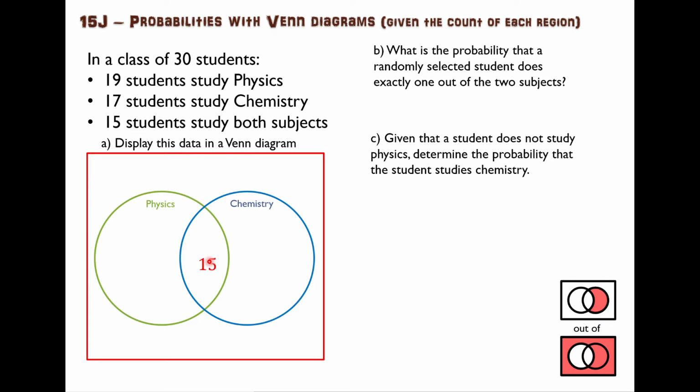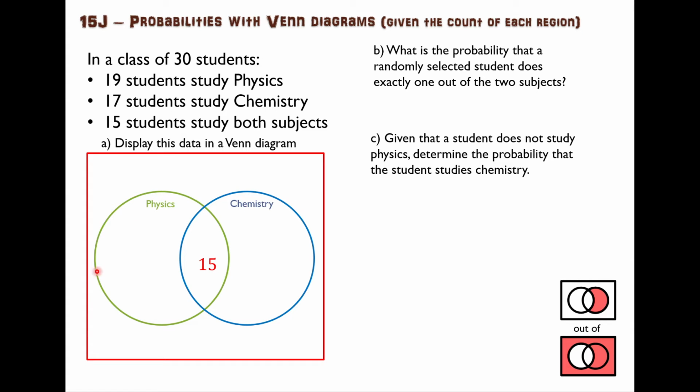How many students only study physics? Well, there are 19 students who study physics. So out of these 19 students in this circle, 15 of them also study chemistry. How many are left in here?